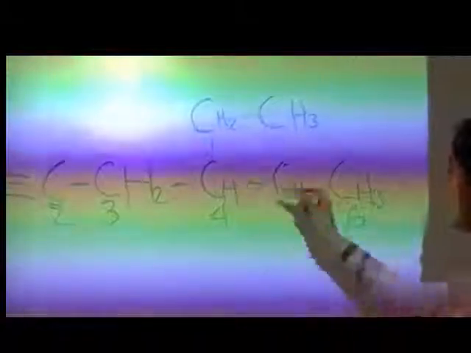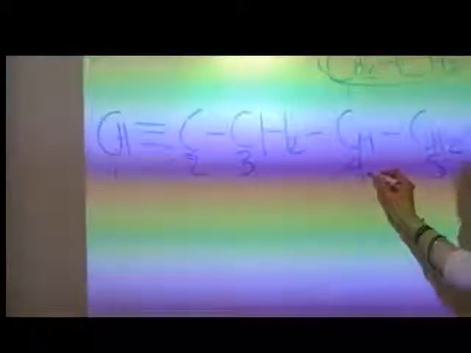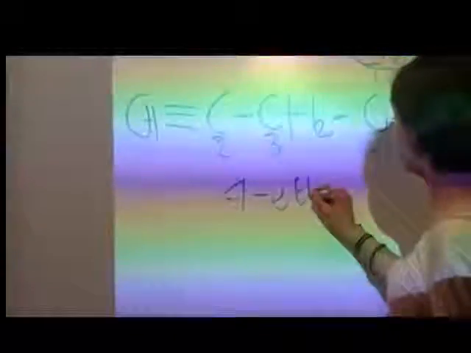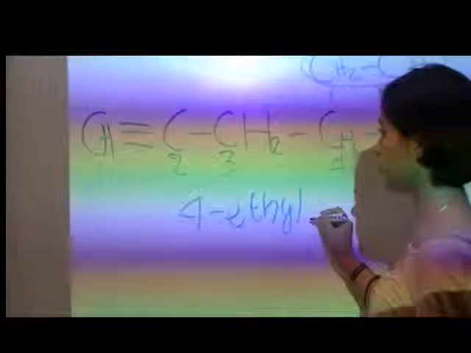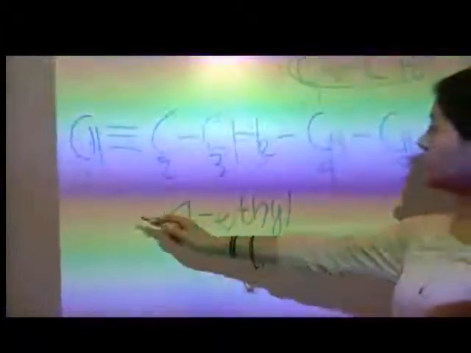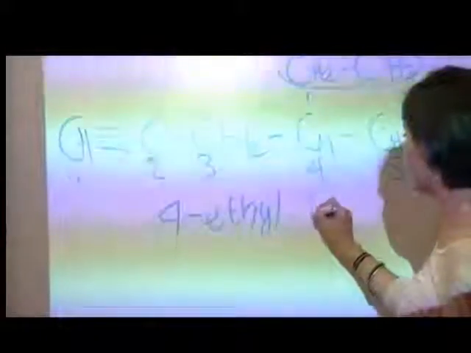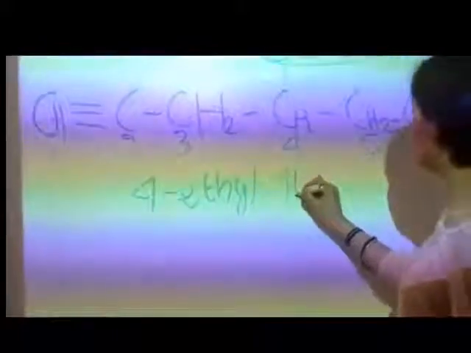Then, we're going to notice that the carbon is still here. And it is in number 4 carbon. So it's 4, 2, and then we're going to notice where the triple bond is, which is number 1.